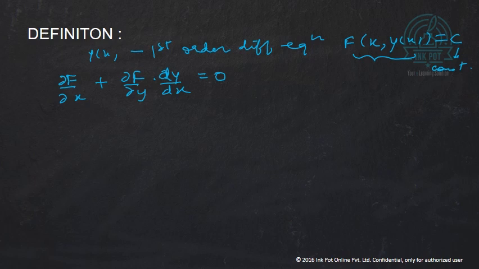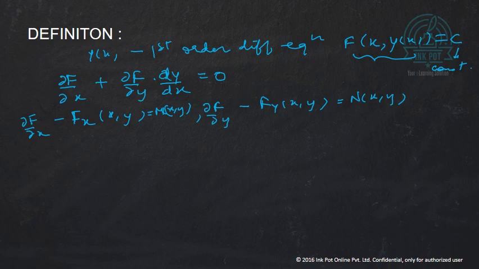Now the partial derivative with respect to x is denoted f_x(x, y), that is del f over del x, and the partial derivative del f over del y is denoted by f_y(x, y). If I consider the first as M(x, y) and the second as N(x, y), I can write the above equation as M(x, y) + N(x, y) dy/dx = 0.